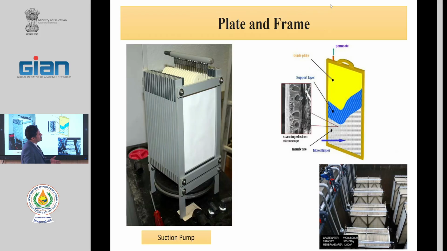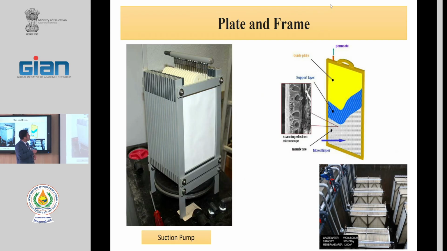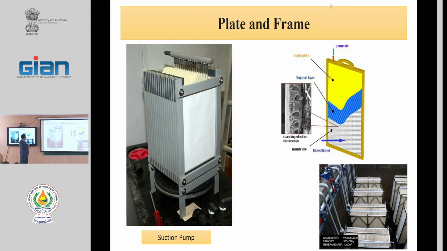As shown in this slide, you see we have a structure that has a number of plates. These are plates, and this metal structure is the frame. We say plate and frame.